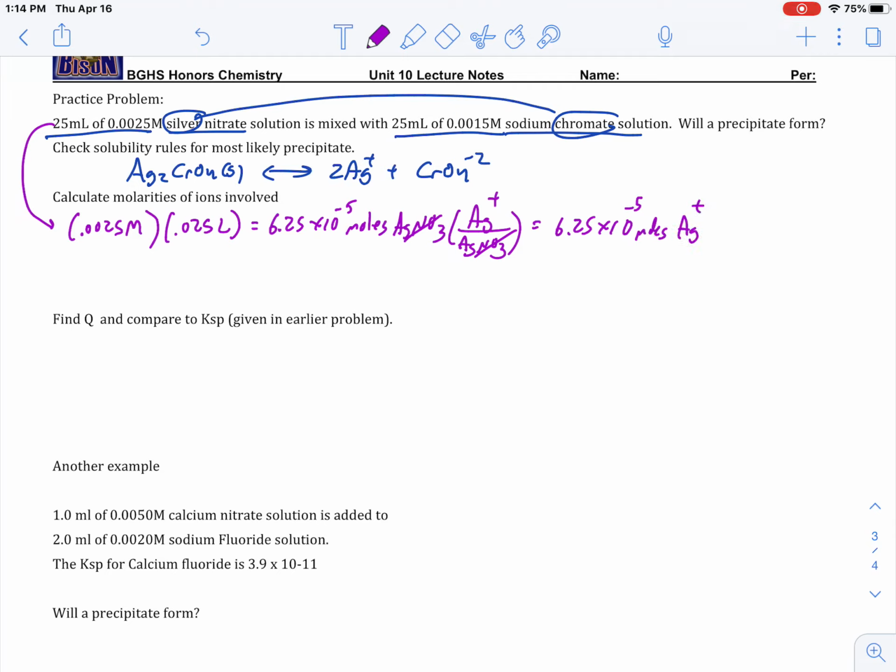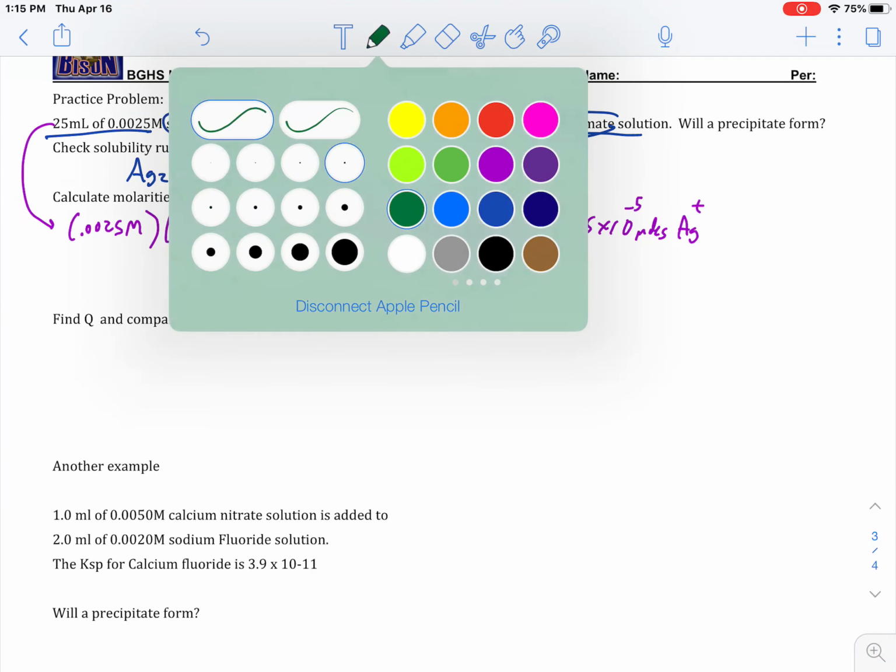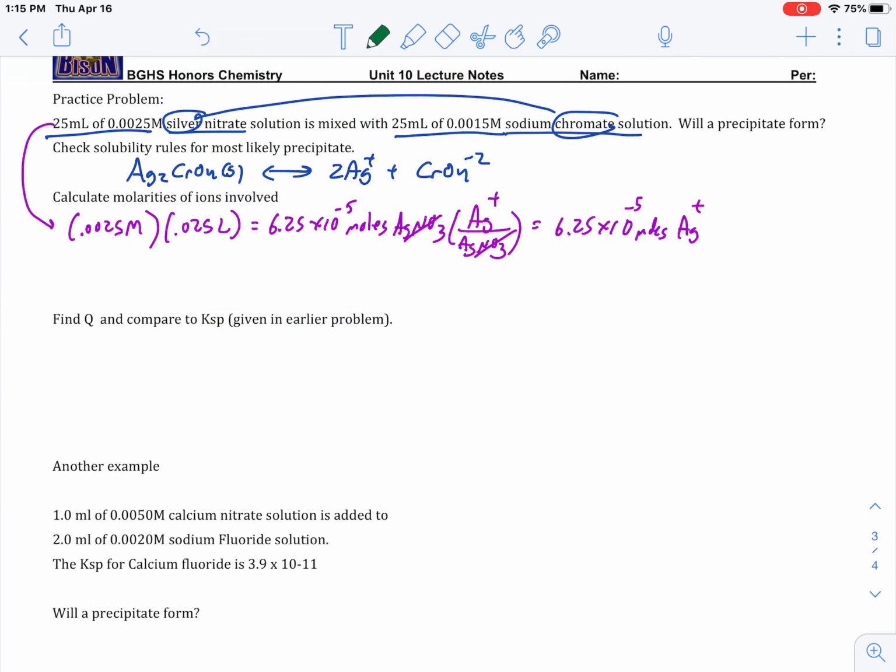Now, of course, it's not silver nitrate that we need, it's just the silver. All right, let's do the other.